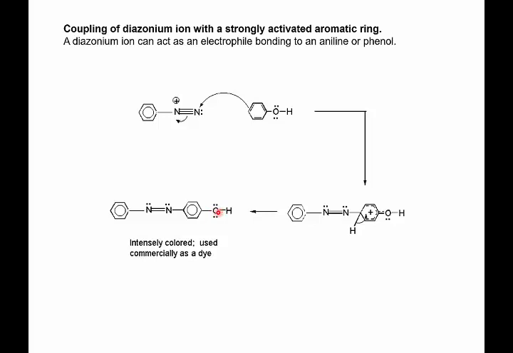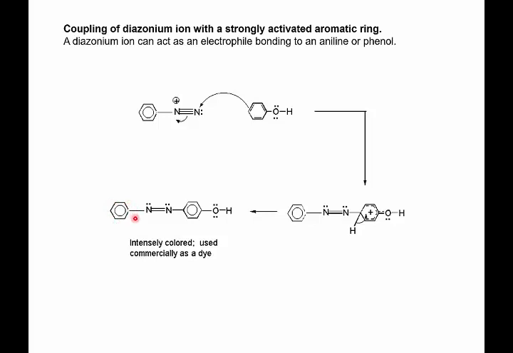When something's colored, it's absorbing a portion of white light, and what's not absorbed reflects to your eye. That's what you see.